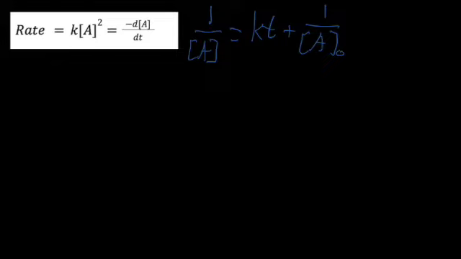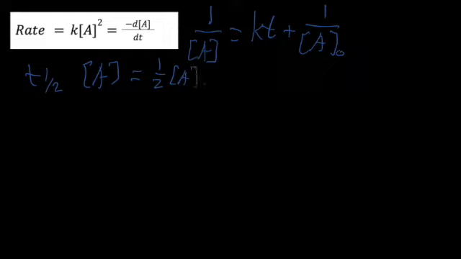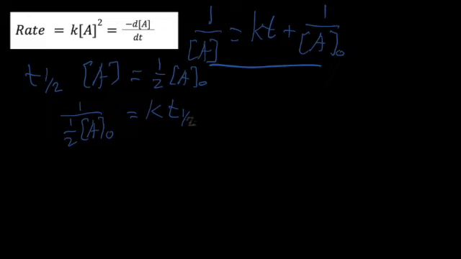So the last thing that we have to do with this is find the half-life. And so again, that T1/2 occurs when the concentration of A equals 1/2 the initial concentration. And so substituting that into this equation, we see that 1 over 1/2 concentration of A naught equals KT1/2 plus 1 over the concentration of A naught.